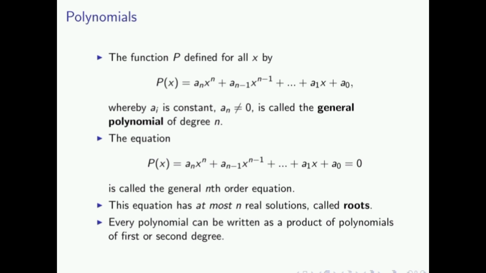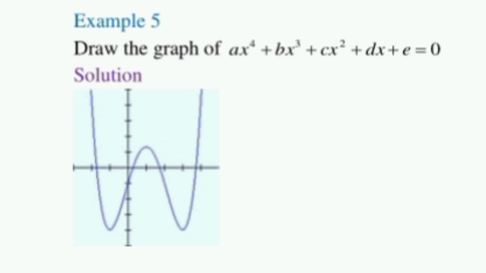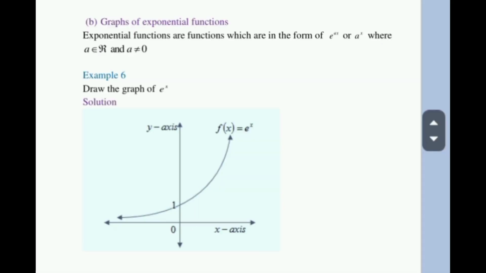The equation is called the general nth order equation. This equation has at most n real solutions called roots. Every polynomial can be written as a product of polynomials of first or second degree.